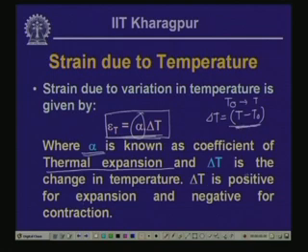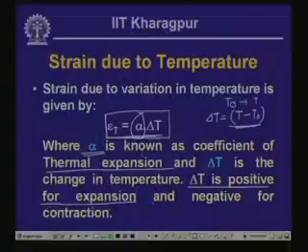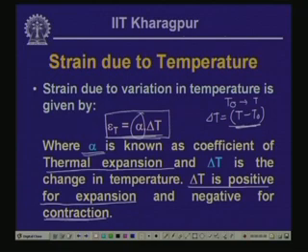Delta T is positive when there is expansion, or a positive change in the temperature, where there is a rise in the temperature. When there is a decrease in the temperature, we call that negative, or contraction of the body.